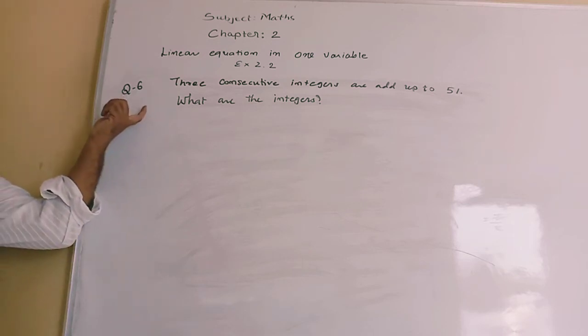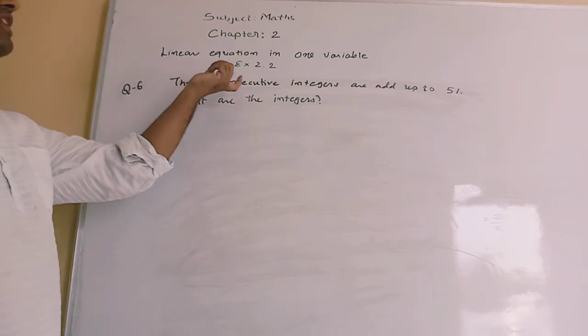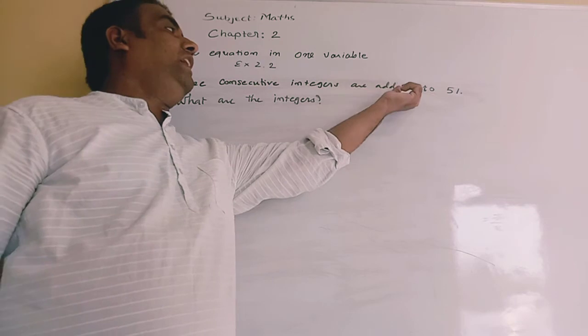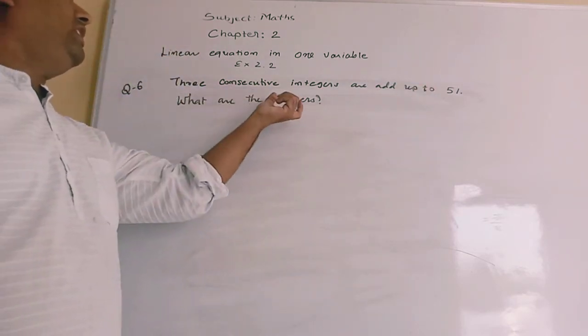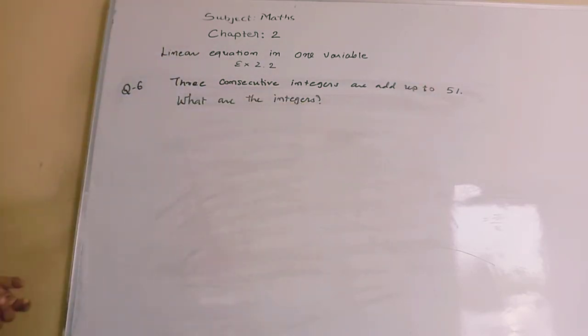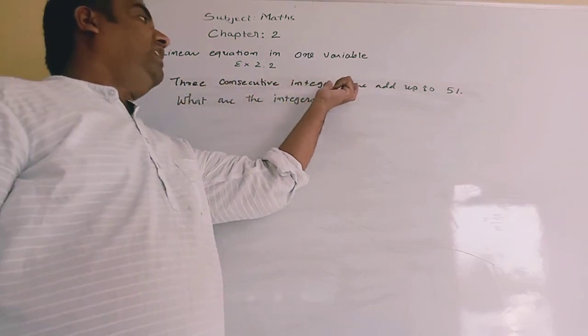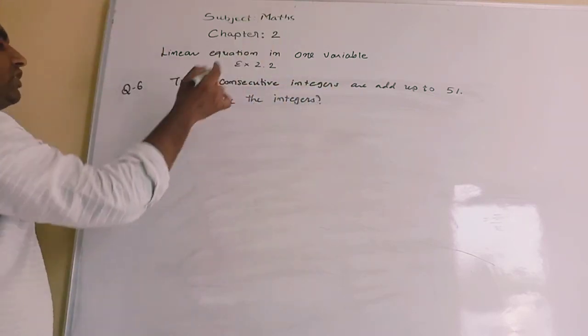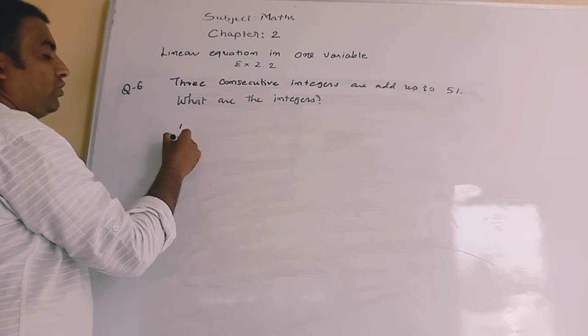We are given question 6. Three consecutive integers are added up to 51. What are the integers? So here consecutive integers are there. So we know that consecutive numbers are 1, 2, 3.